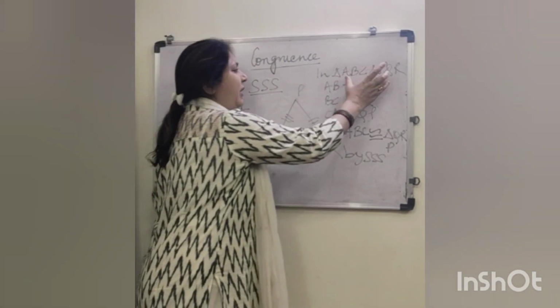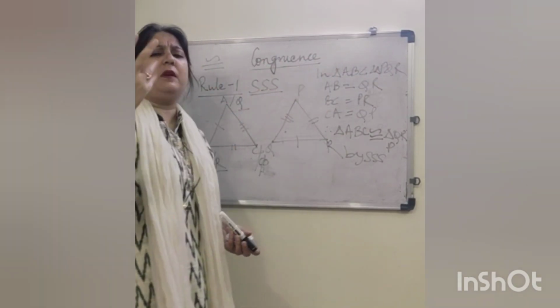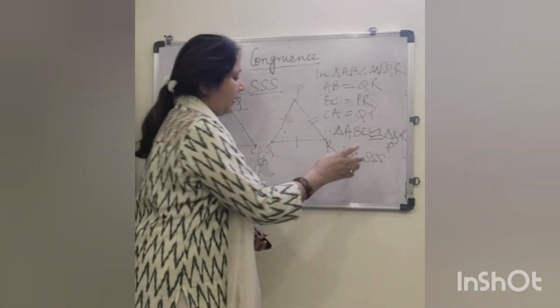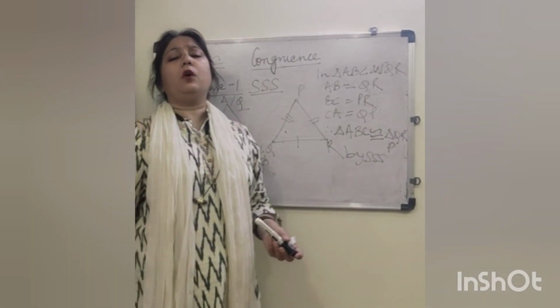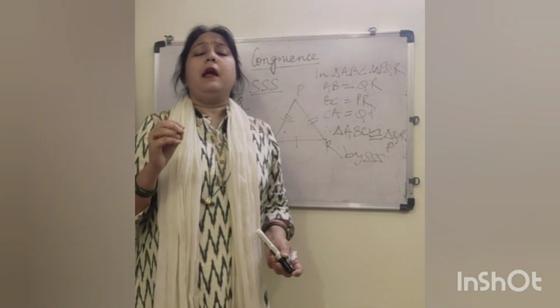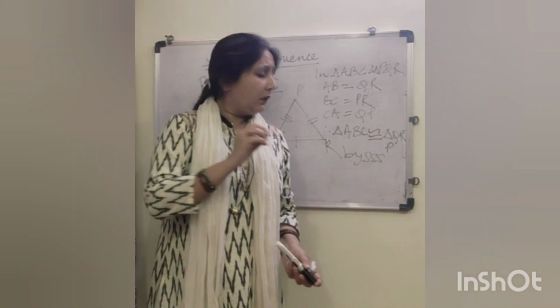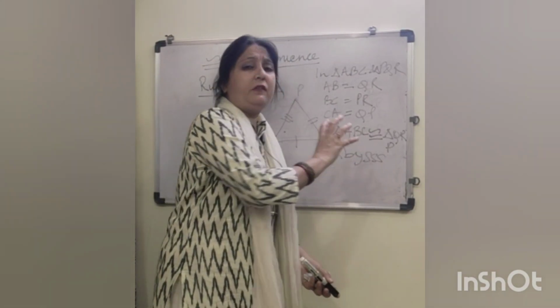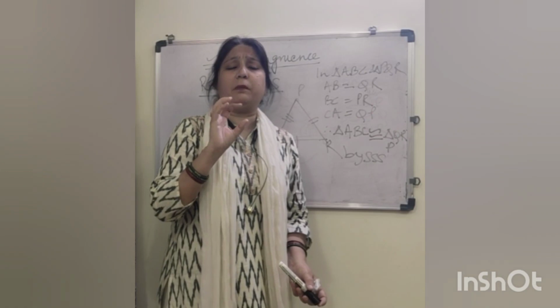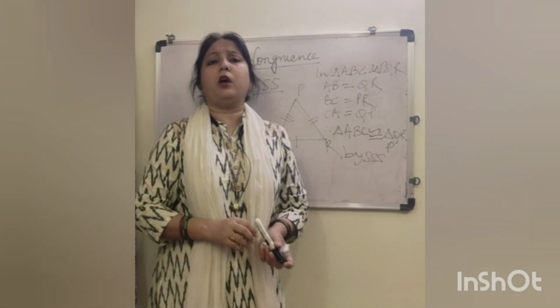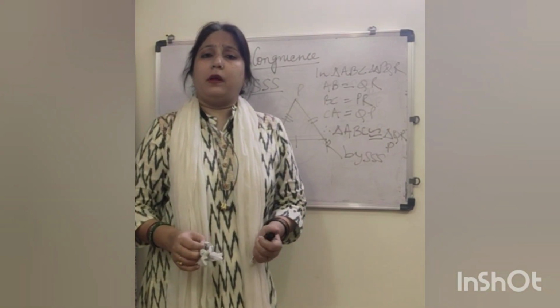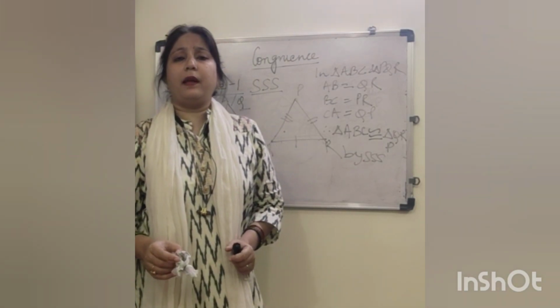In the beginning you can take triangles in any name, but in the end, the triangles you write as congruent, their correspondence should be established and visible over there. I hope you have understood the first criteria of congruency, the SSS rule.